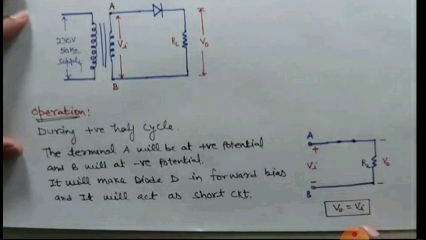Whatever voltage we apply at the input appears across RL, so output voltage V0 is equal to Vi. During the positive half cycle we get the positive half cycle across the load resistance RL.